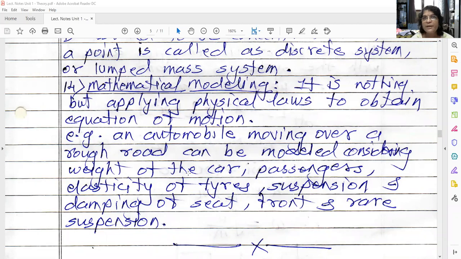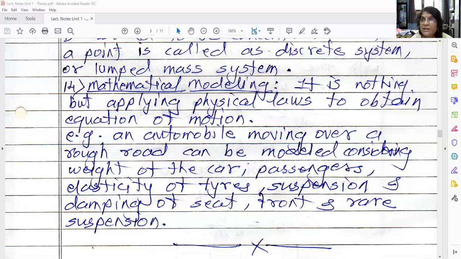For example, an automobile moving over a rough road can be modeled considering its weight, which consists of the weight of the car body and passengers, then the elasticity possessed by the tires and suspension, and the damping provided for the seat by the front and rear suspension. So there is a mass, an elasticity, and a damping that we are considering. These are the three elements of this automobile.